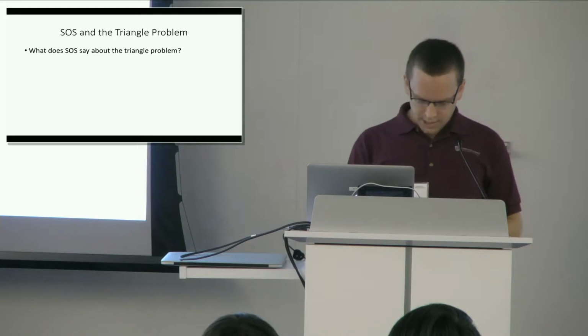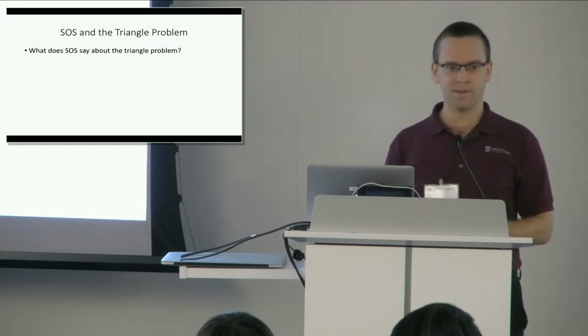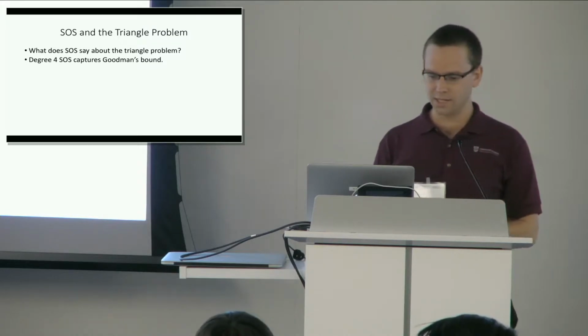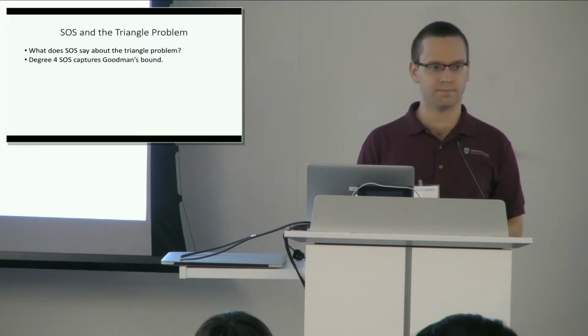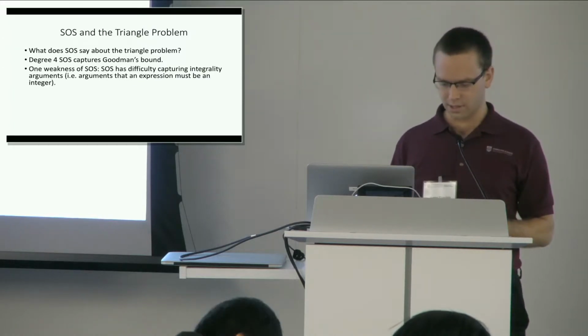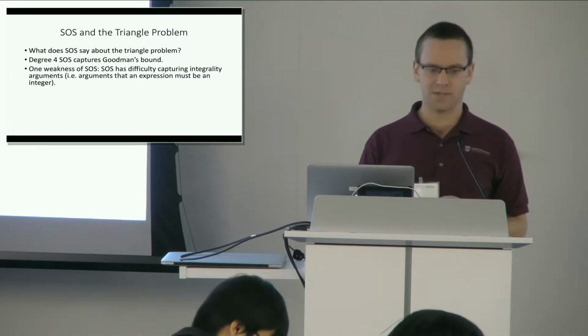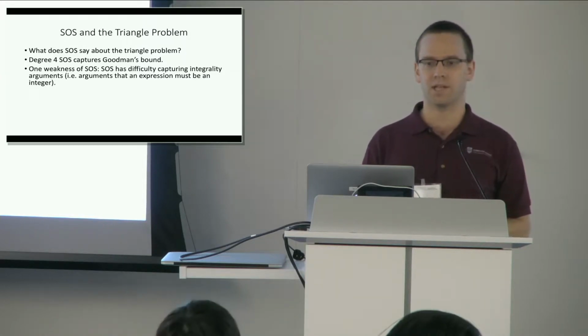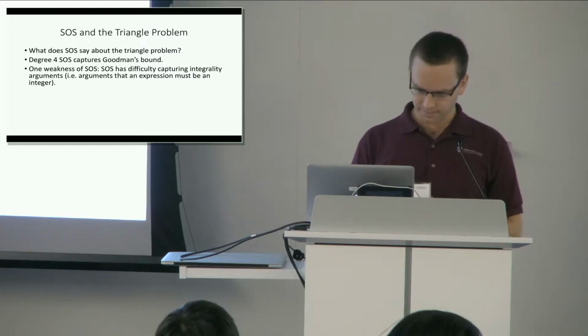So now what does SOS say about the triangle problem? SOS easily captures Goodman's bound. However, one weakness of SOS is that it has difficulty capturing arguments that things have to be integers.